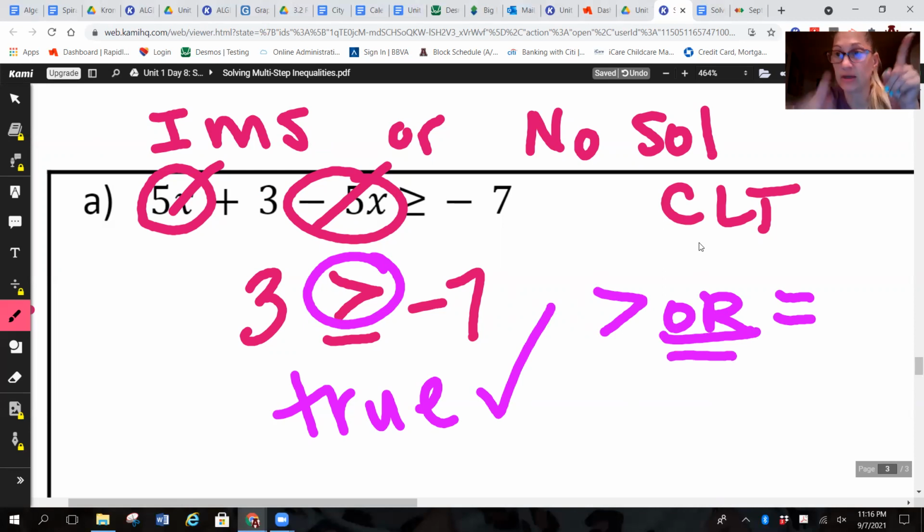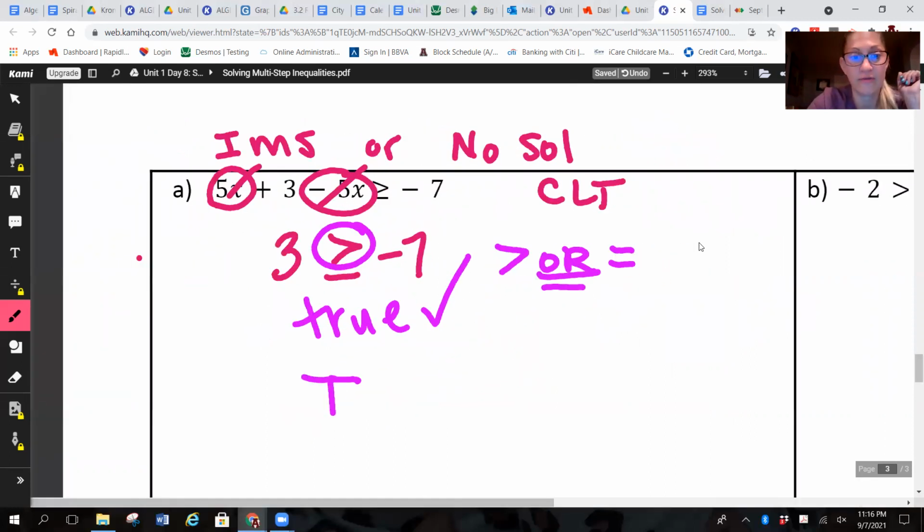Or means it could be greater and it's true, or it could be equal and it's still true. It just has to be true for one of them. Because it's true for the greater part, we get to graph infinitely many solutions.